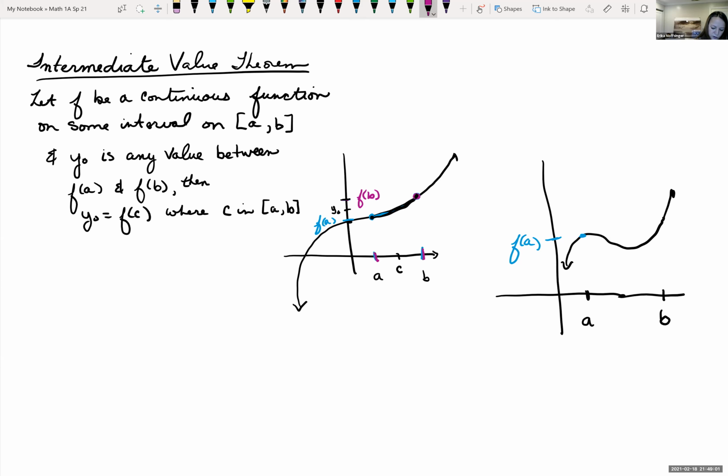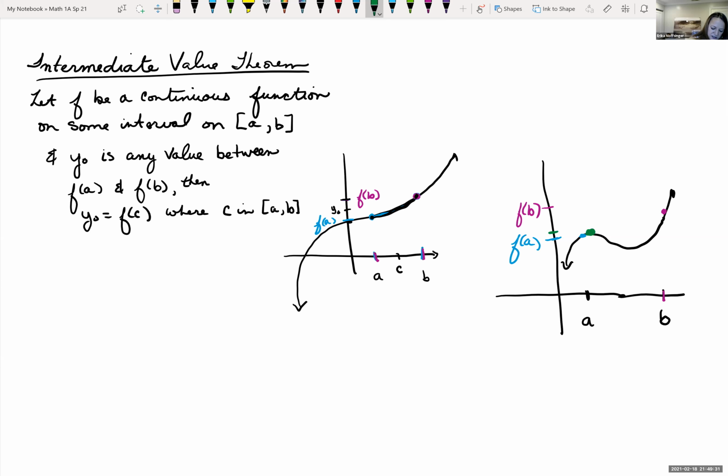I can see there's no jumps. It's continuous. And this would be my f of b. And so let's say I want to know what x value would give me back this y value.